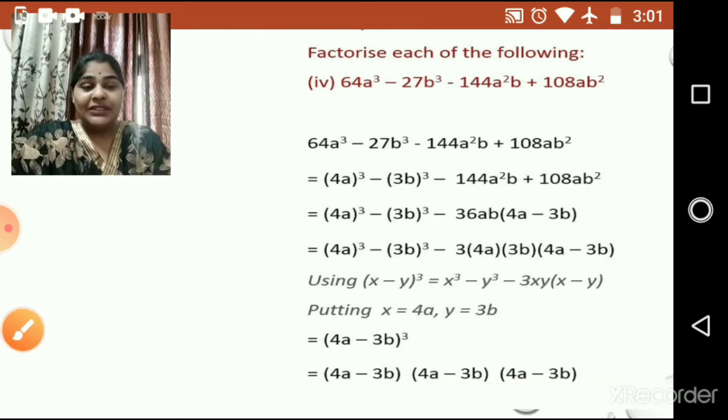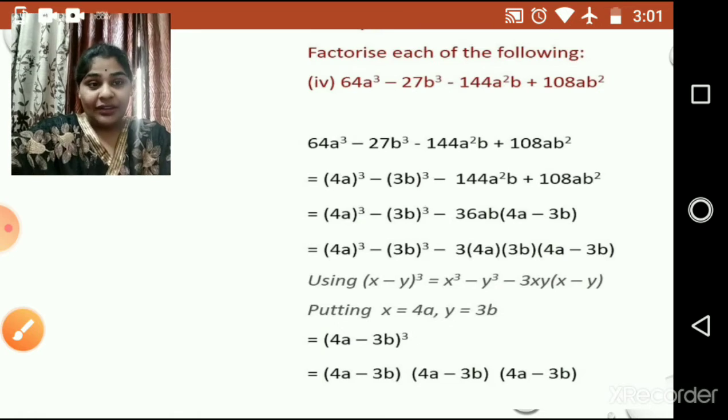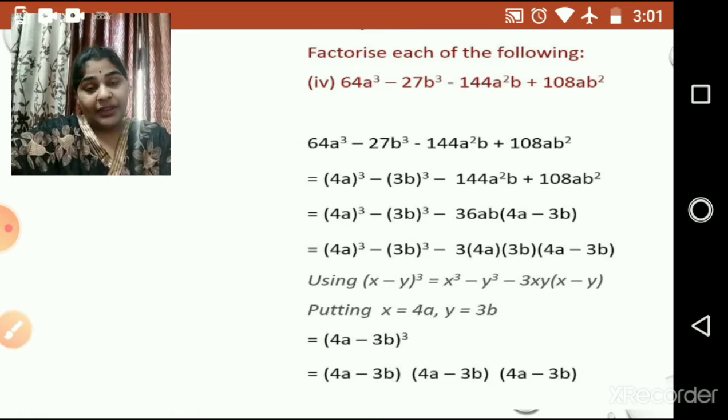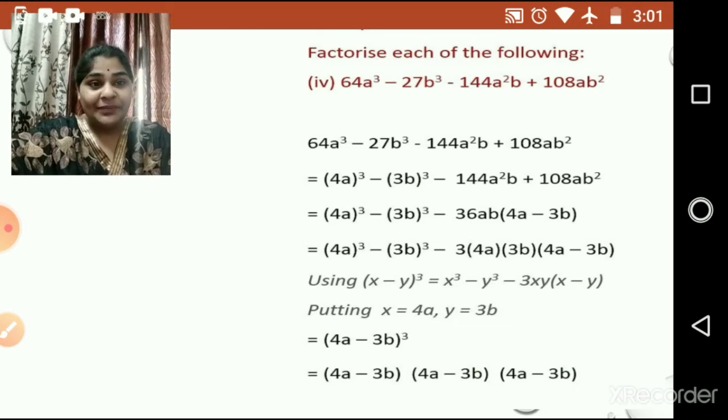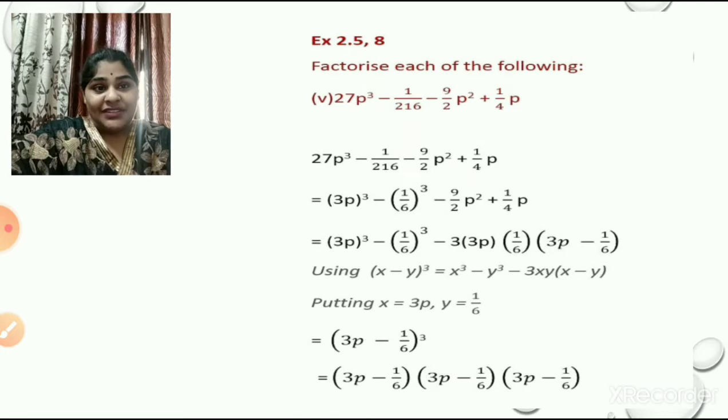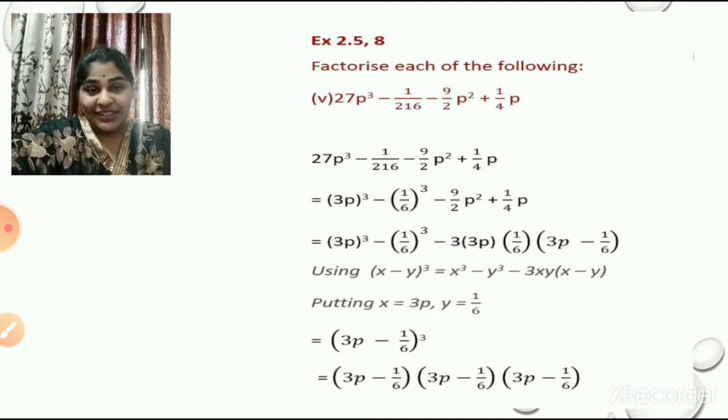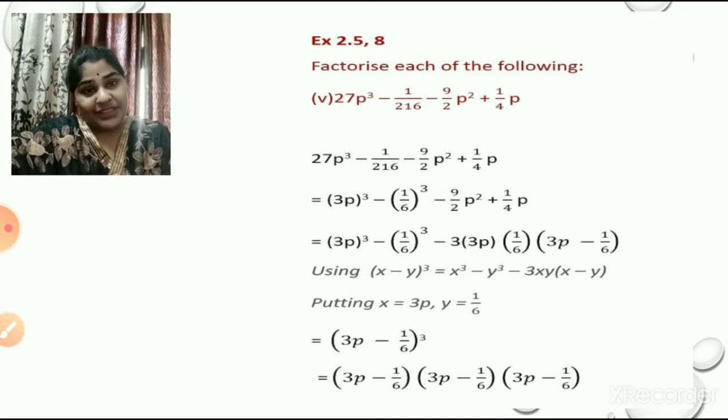So once again I'm telling you, you have to just concentrate on how to split the terms according to your identities. Other sums you can try on your own, children. Let us move ahead. That is again factorize, where we have to use the same identity, that is (x - y) whole cube is equal to x cube minus y cube minus 3xy into (x - y).